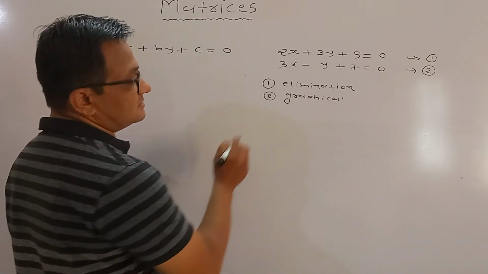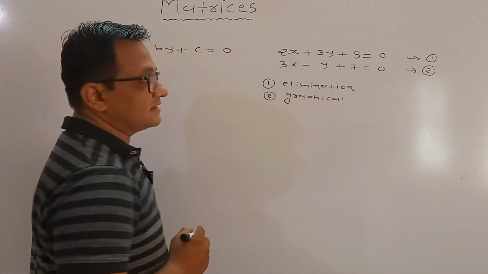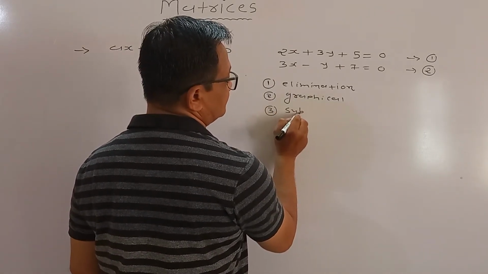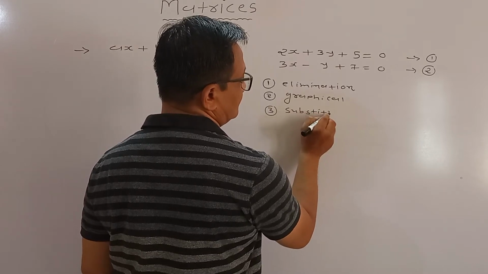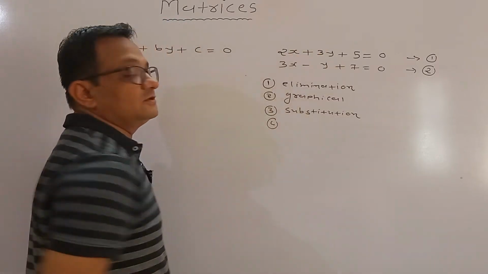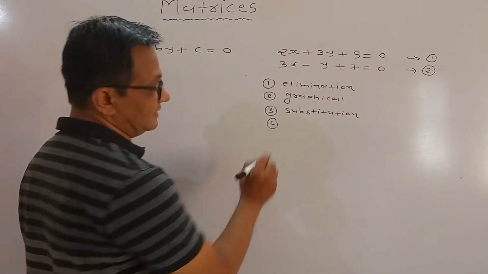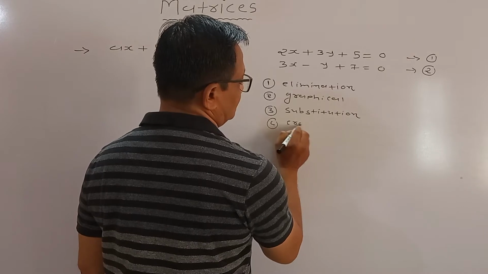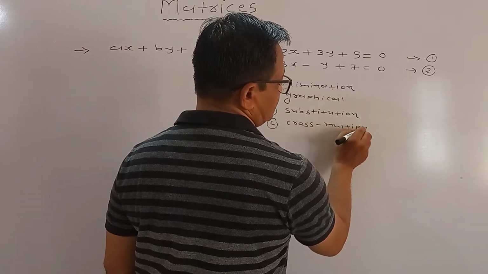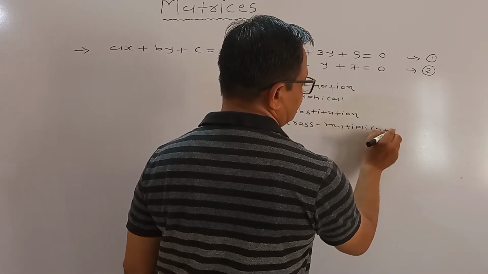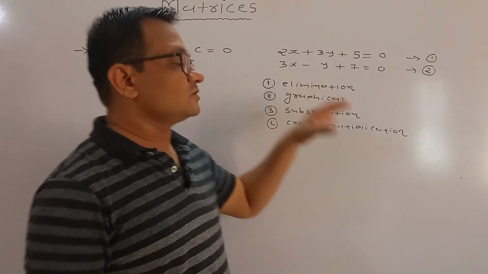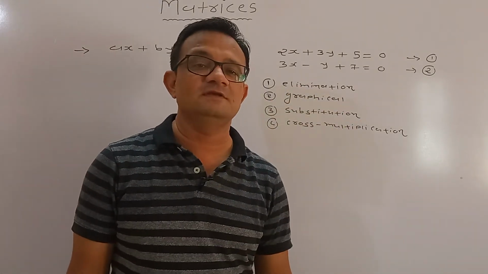Third is the substitution method, and fourth is your favorite, the cross multiplication method. So these are some methods for solving such two variable linear equations.